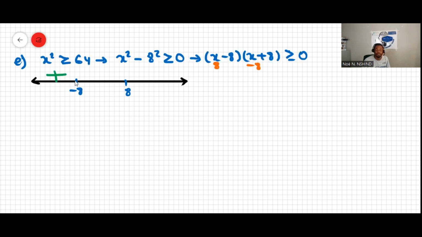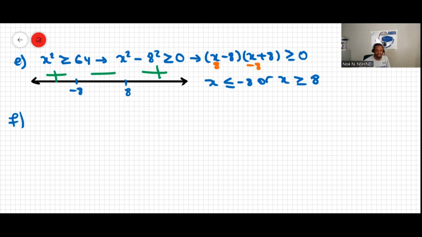This will be true for all the values in this interval. If I take 0 in between negative 8 and 8, I will get a negative answer, true for all the values between negative 8 and 8. And from 8 to positive infinity will make another positive. So the solution here would be x must be lesser than or equal to negative 8, or x must be greater or equal to 8.